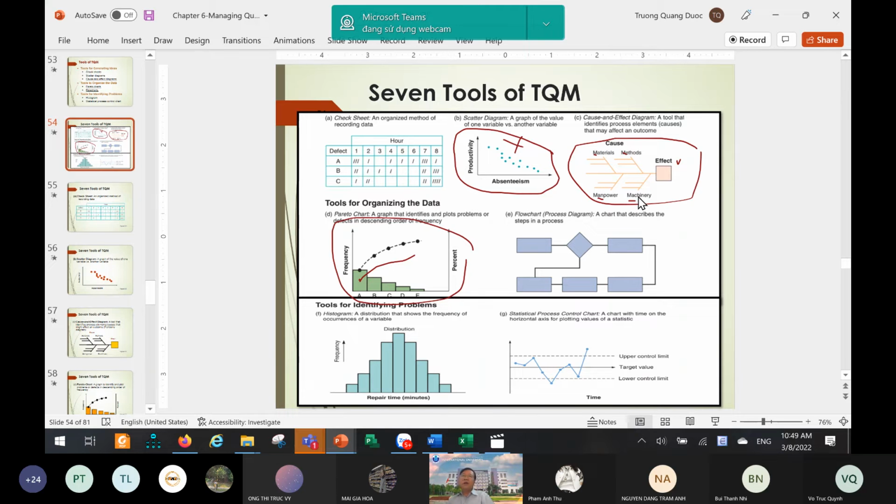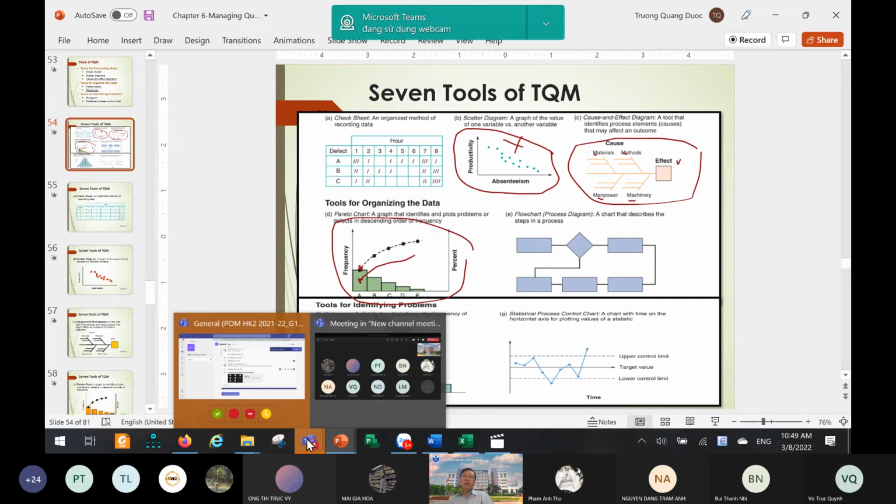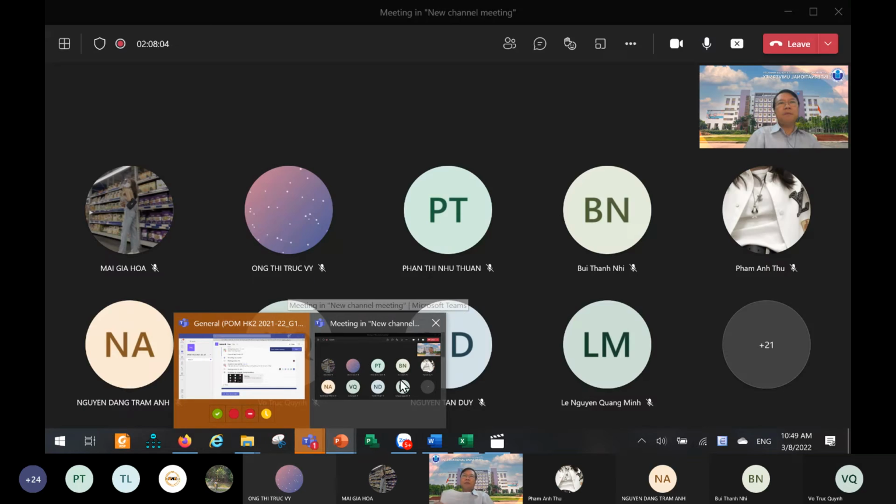So again, for the Pareto charts, the starting point of the accumulative percentage must start from here. Not from here. It's not correct. Okay, it's clear, students? These are common mistakes and don't make the same mistake again in the midterm exam.